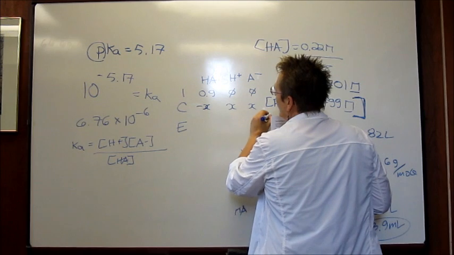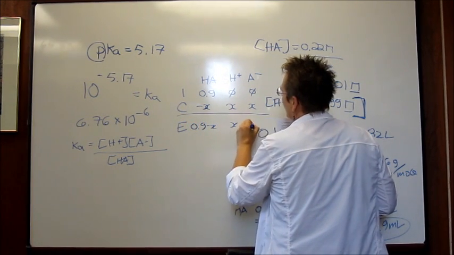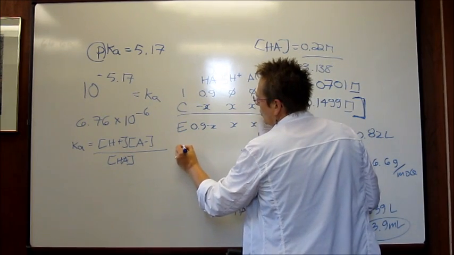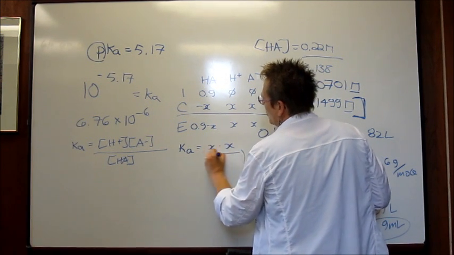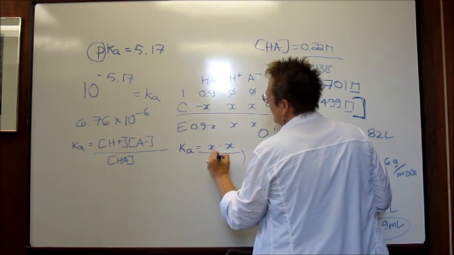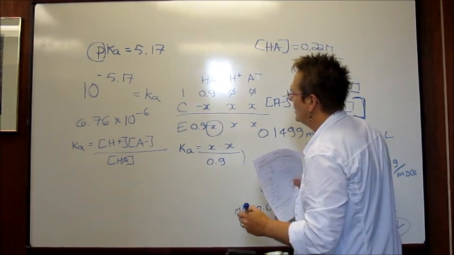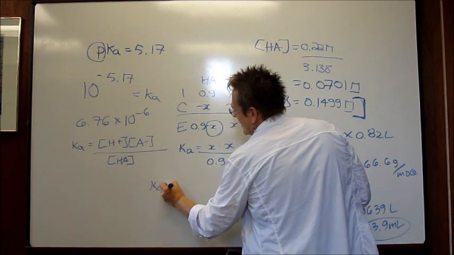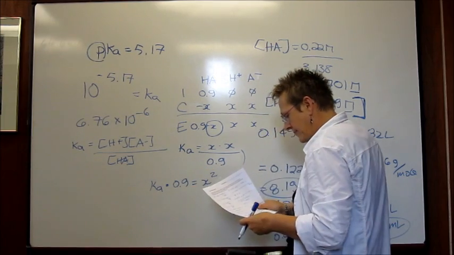So at equilibrium, we have 0.9 minus X, X, and X. If we assume the 5% rule, we can go right ahead and say that the Ka is equal to X times X over 0.9, because X is very small compared to 0.9. Therefore, Ka times 0.9 is equal to X squared.